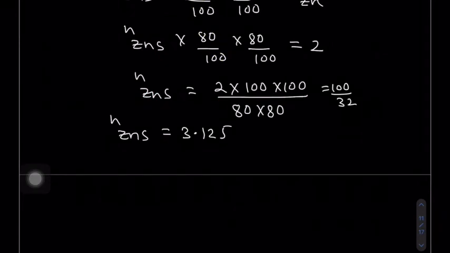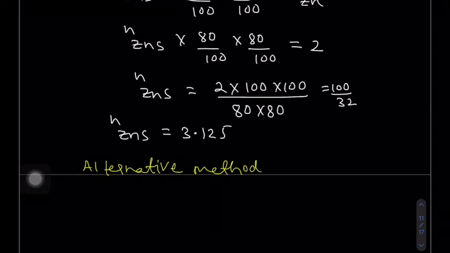Now there will be a second, alternative method. This alternative method is also known as the factor label method.